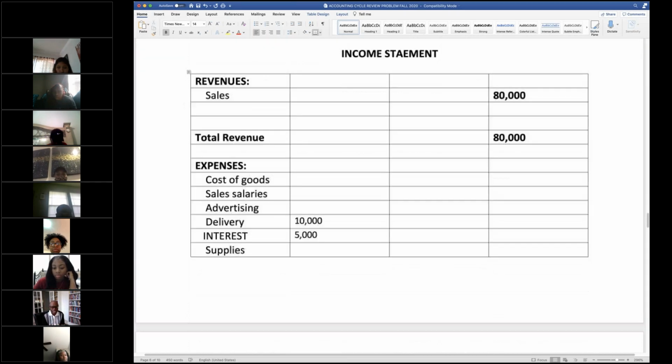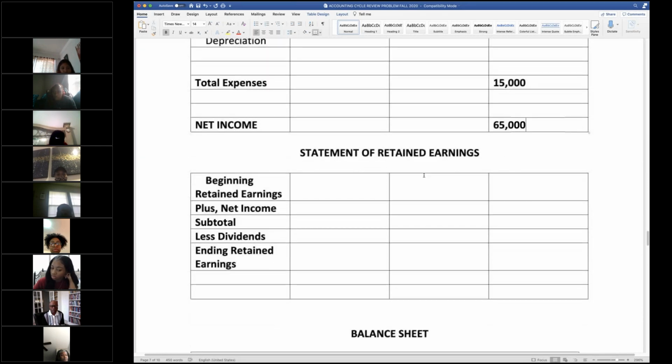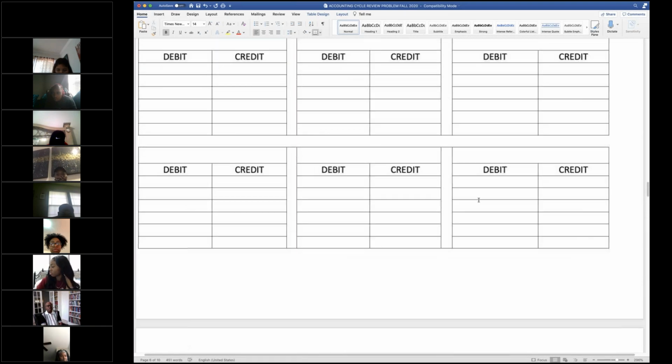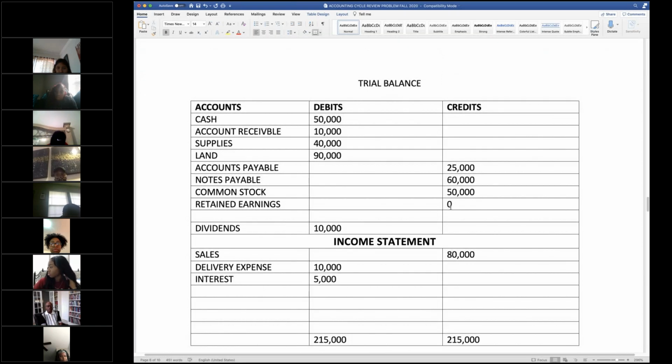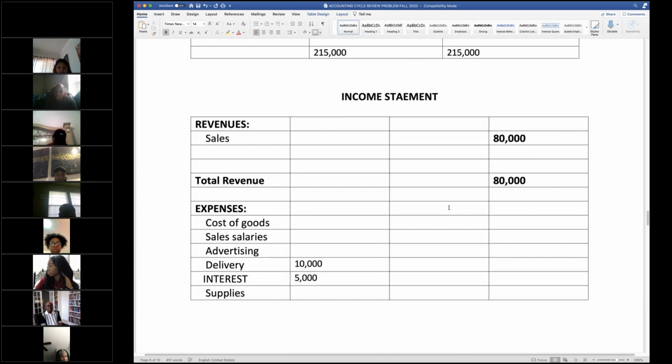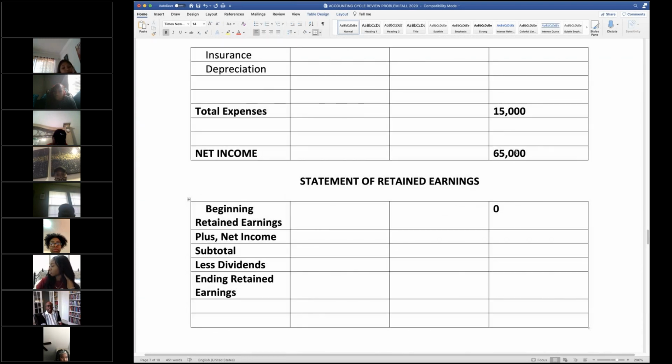All right, statement of retained earnings. Simple statement. Beginning retained earnings balance is 0. If you remember, we're on the trial balance, a new company. Then we're going to bring that net income down.